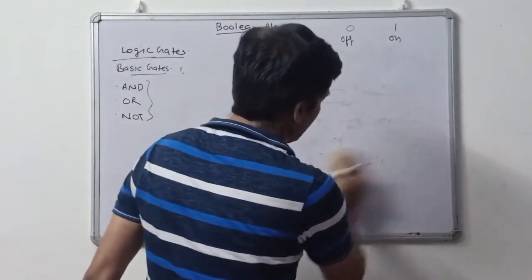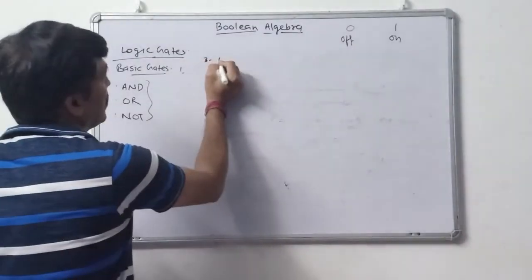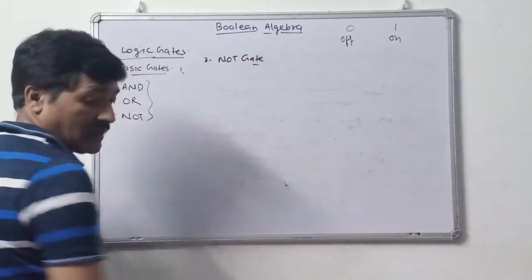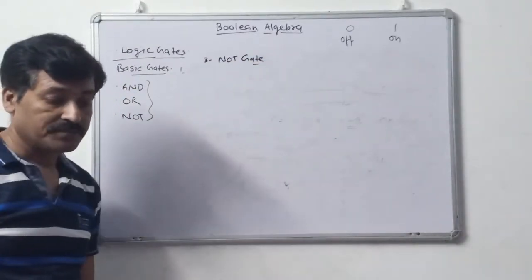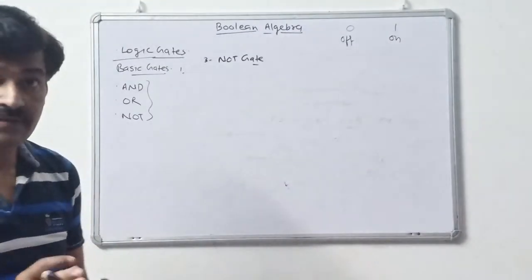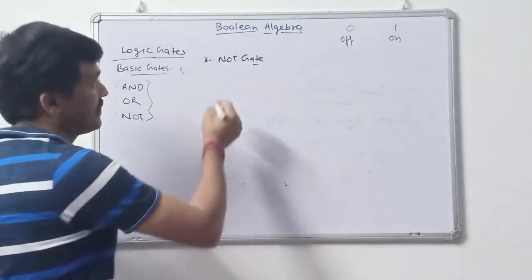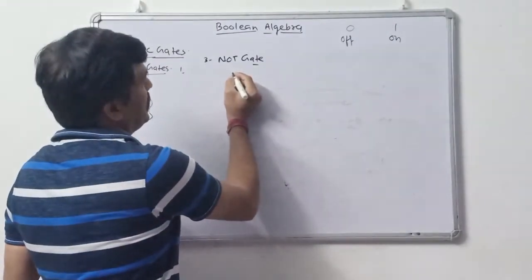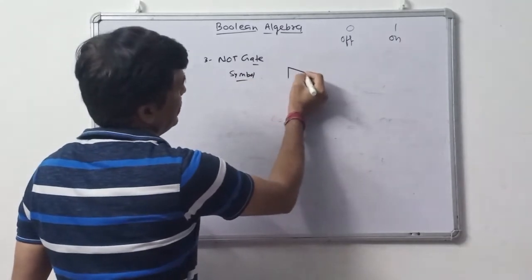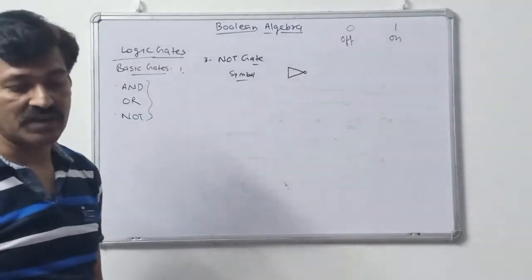NOT is the inverter gate. Inverter, because it accepts only one input, and in the output it reverses it. The symbol is a triangle with a small circle here.